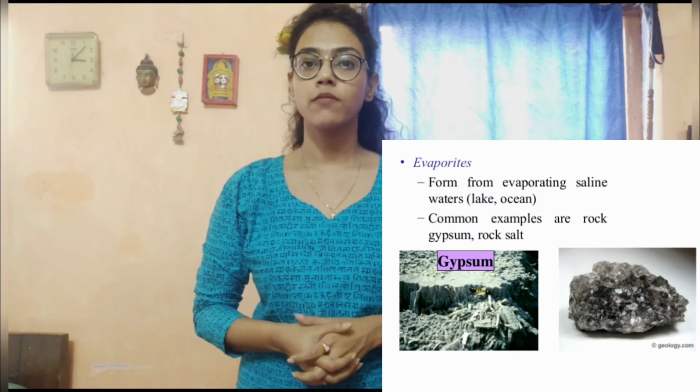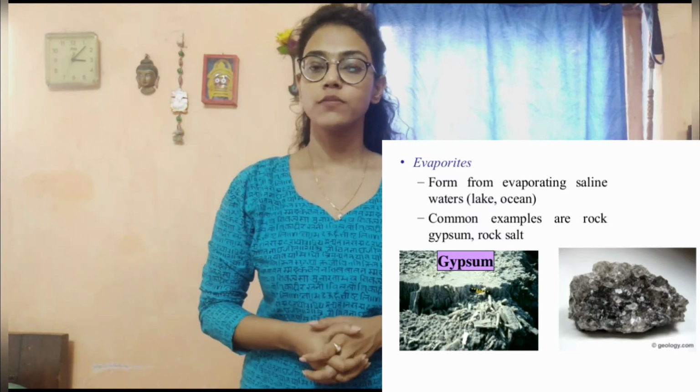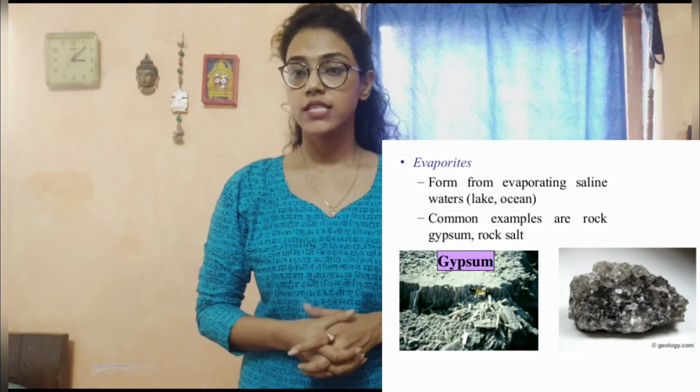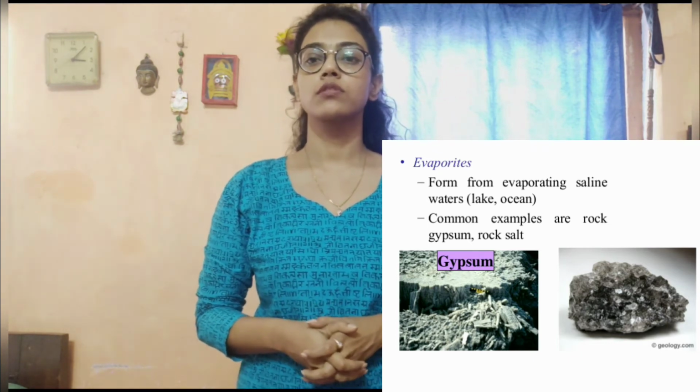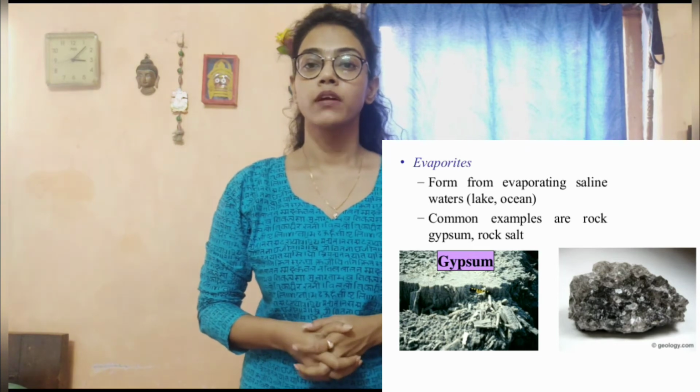The common examples are rock salt, that we can see in the Caspian Sea, Dead Sea, and also in our country in Sambhar Lake, Rajasthan. And gypsum, that is another chemically formed sedimentary rock, that is calcium sulfate. We can see it in the Dead Sea.